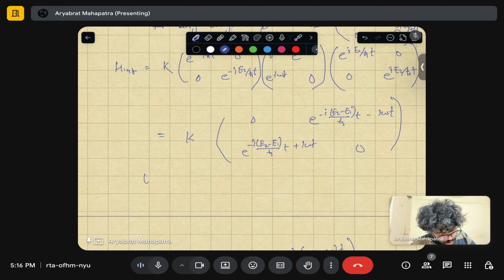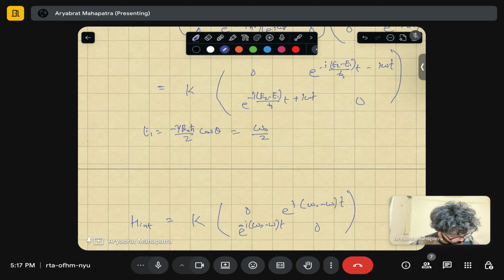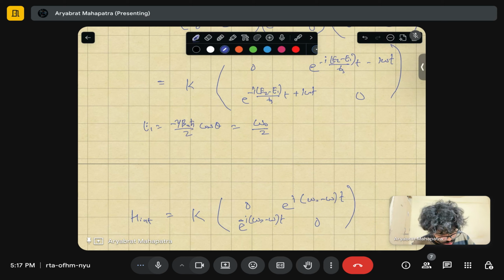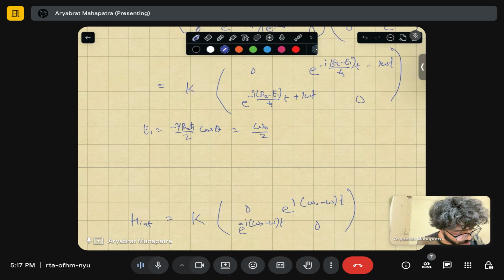where e1 is minus gamma b naught h bar by 2 cos theta, and I'm writing this as h bar omega naught by 2.